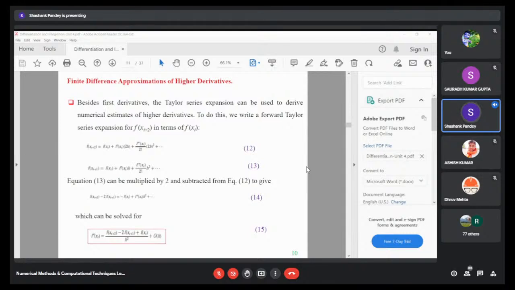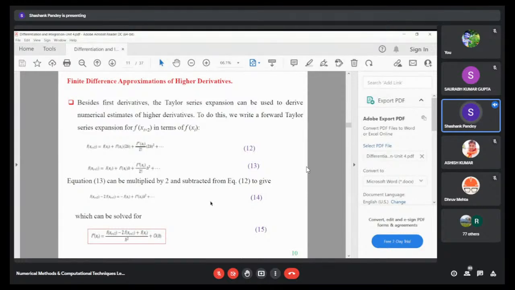In order to get equation number 14, we can multiply it by 2 and subtract it from equation number 12, which results in an equation for the second order derivative using forward differentiation. You can see all the terms are in i plus 1 and i plus 2 from equation number 15.